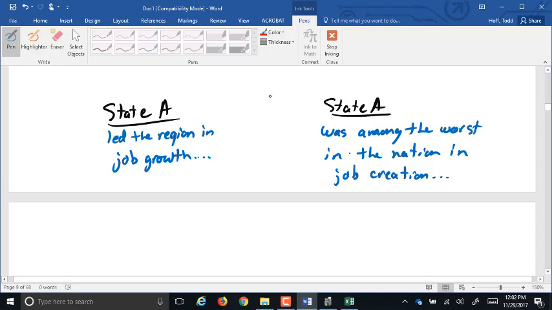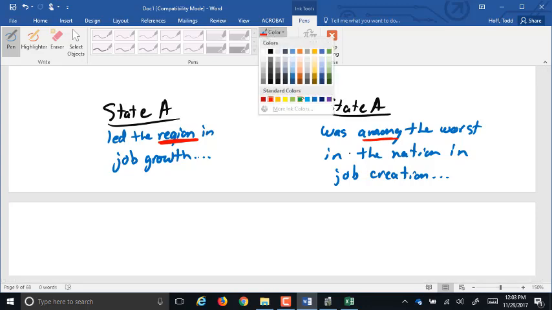Well, first of all, you'll notice this is taking it out of the region. But what is the region? Maybe the region is the 3-state area that you're in, and the other 2 states in the region were the only 2 states in the nation that were worse than your state. That would put you among the worst in the nation. Other little things is, how do you define job growth?